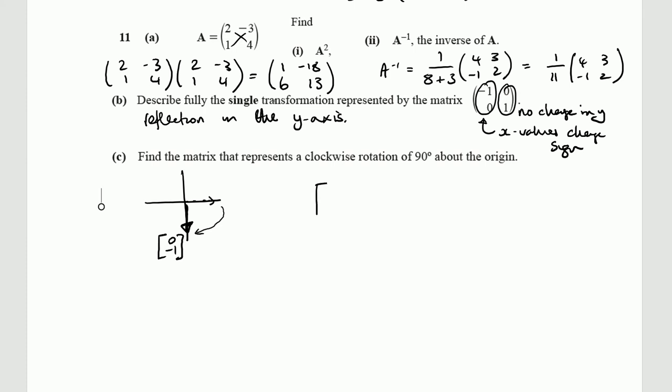So the first part of my matrix, which represents what happens to 1, 0, that goes to 0, minus 1. My y values over here, my 0, 1, if they're rotated, well, they end up being 1, 0. And so what happens to the y values fills out the next column. That's 1, 0. So that's my matrix.